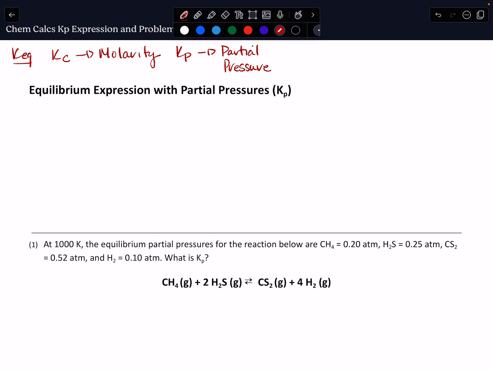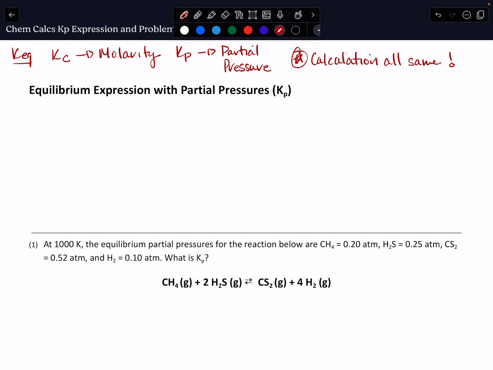You can't have some in as molarity and some as partial pressure. It's either all of one or all of the other. But everything else is the same. Those calculations that we did for KC are going to be exactly the same as what we're going to do for KP. The only difference is the unit of the number that goes into that expression.